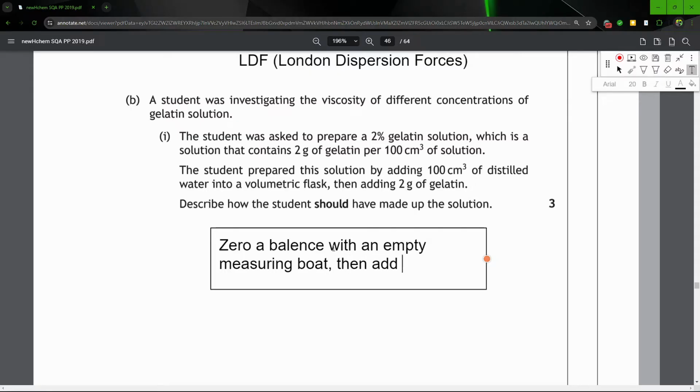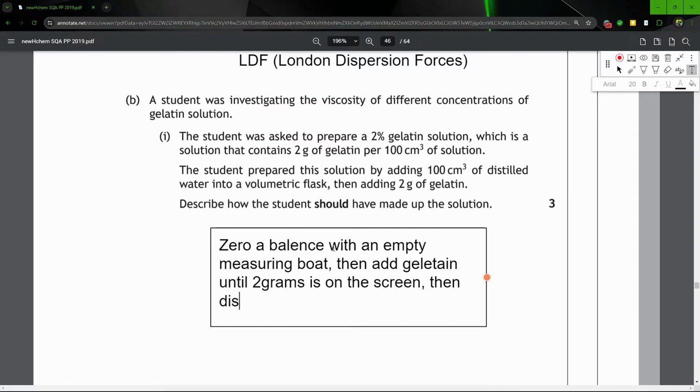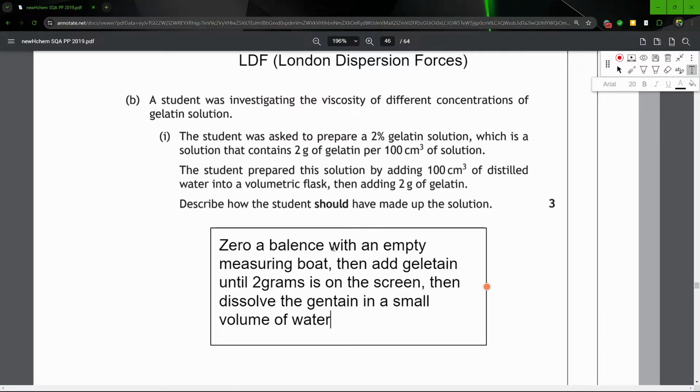Then add gelatin until 2 grams is on the screen. Then dissolve the gelatin in a small volume of water.